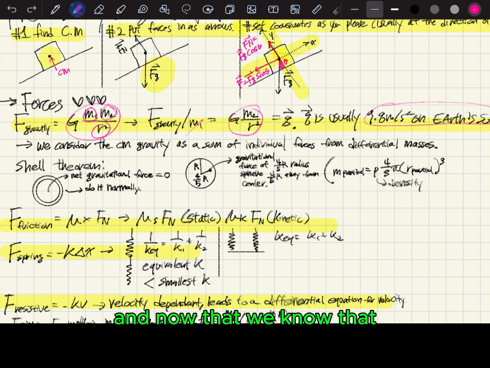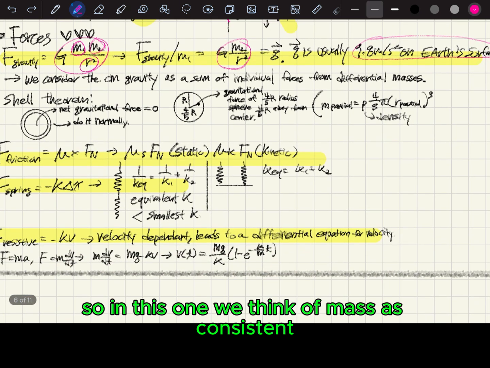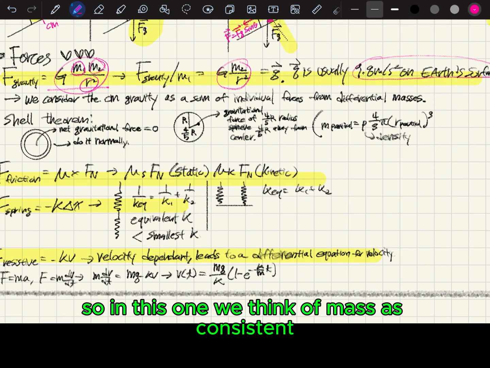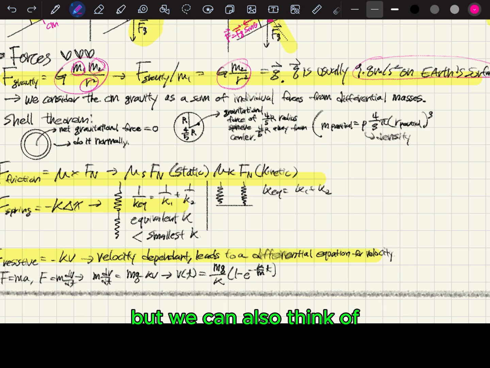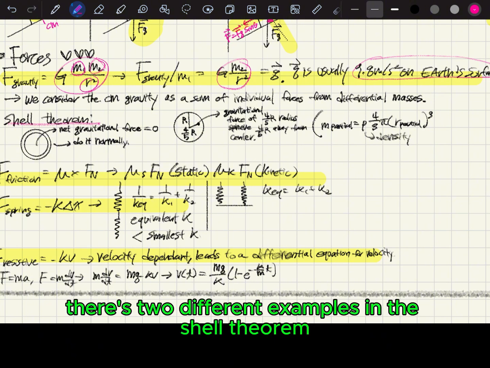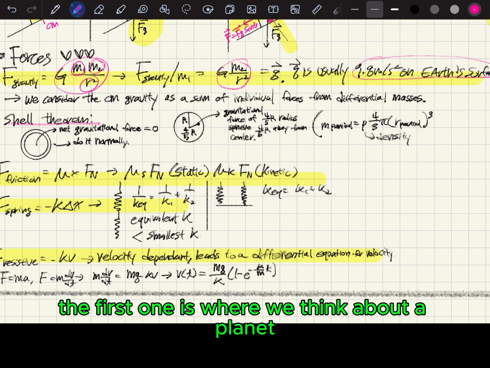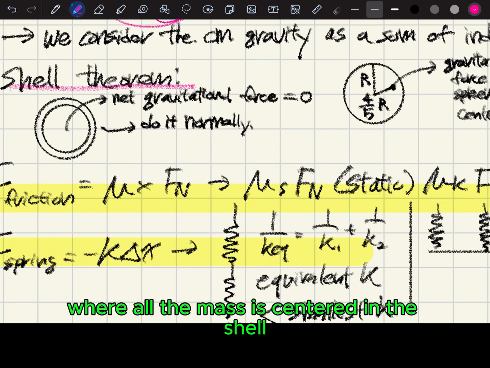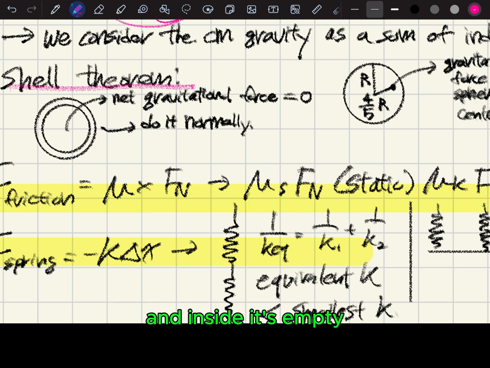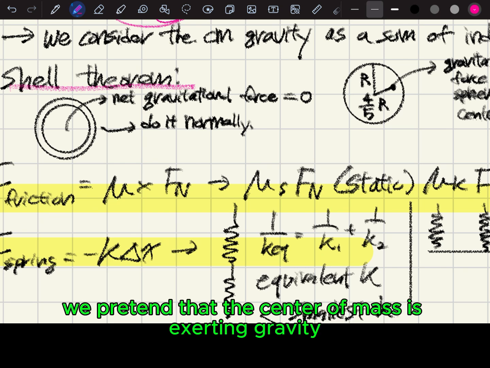And now that we know that, we can also look at different alternative scenarios on this. In this one, we think of mass as consistent, but we can also think of times when mass isn't consistent. So this is called the shell theorem. There's 2 different examples in the shell theorem. The first one is where we think about a planet where all the mass is centered in the shell and inside it's empty. If you're outside of the shell, we pretend that the center of mass is exerting gravity.